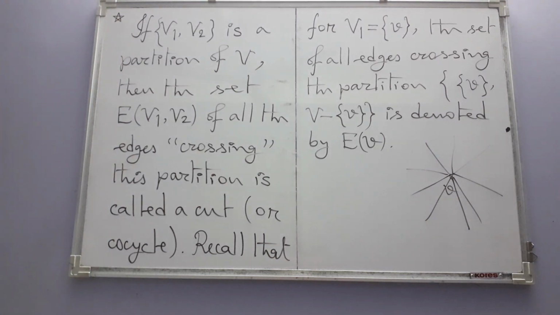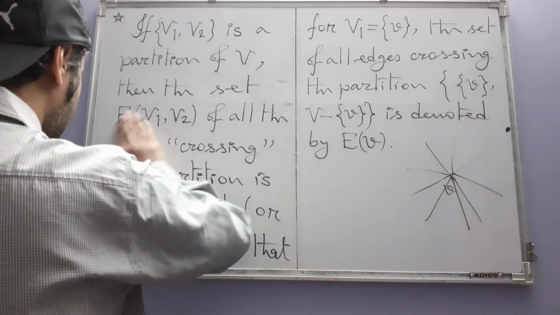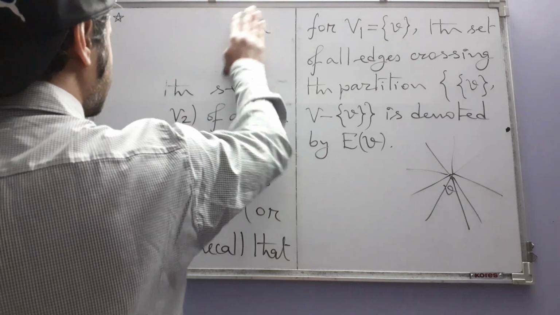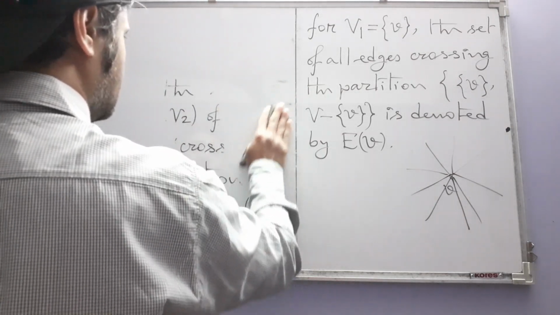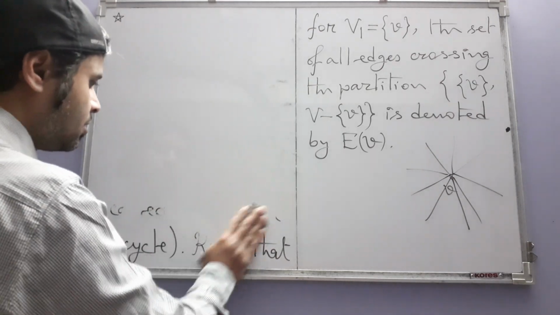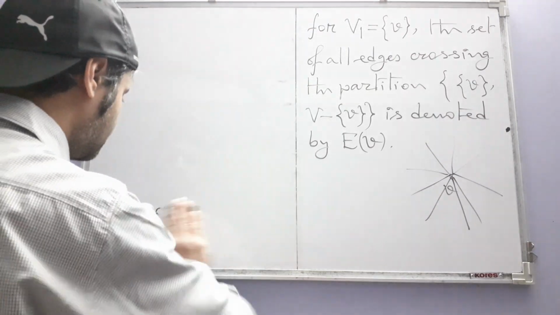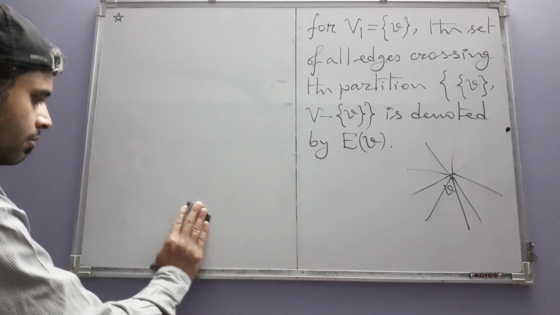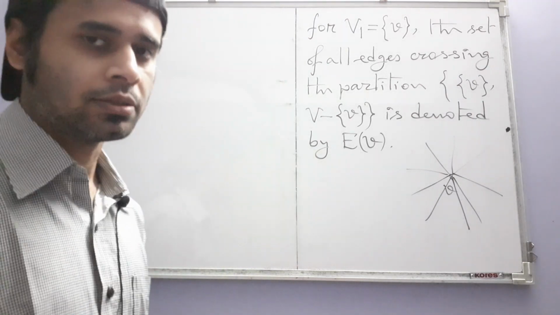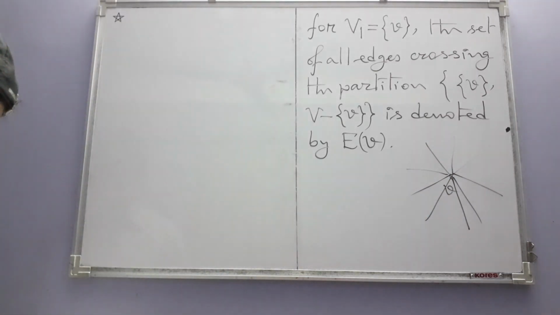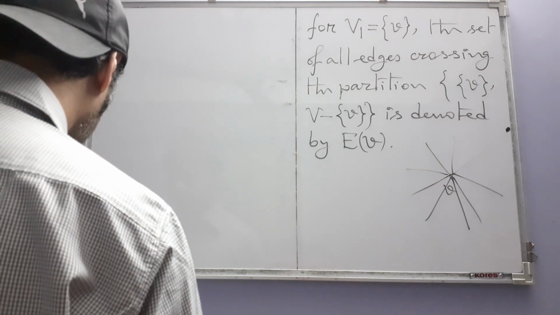Okay, now with this definition of cuts, we are going to see the next result, that the set of all cuts in a graph along with the empty set is a subspace of the edge space of a graph. That is the next result, proposition 193.